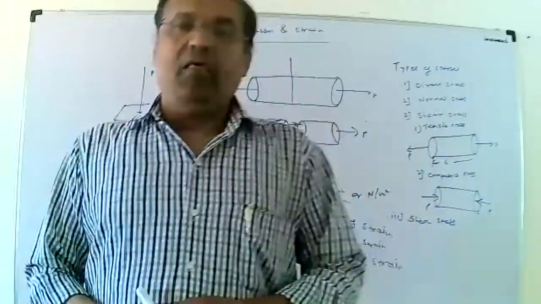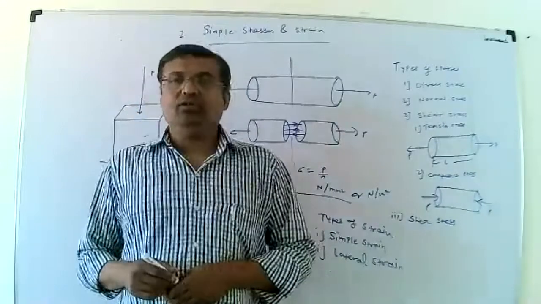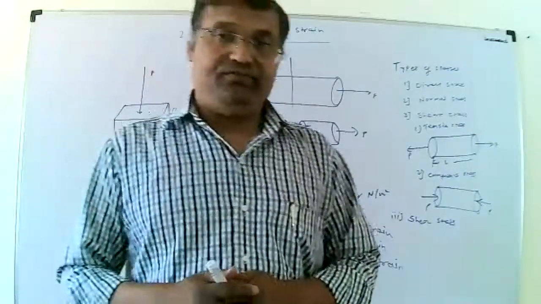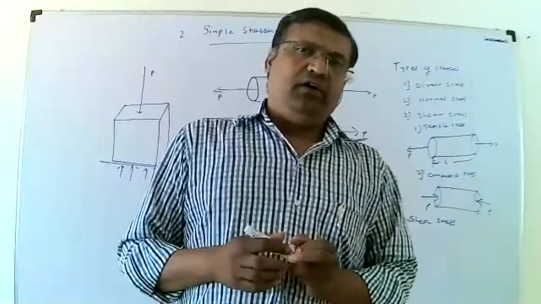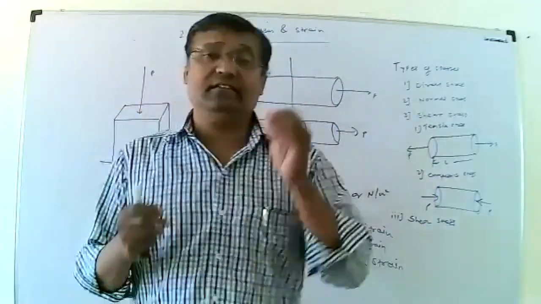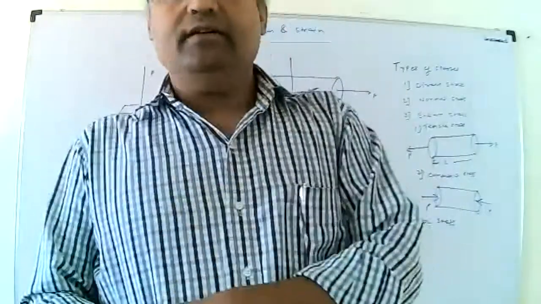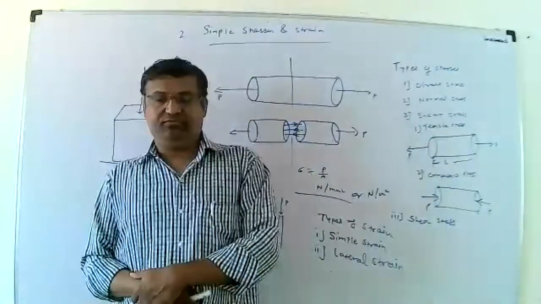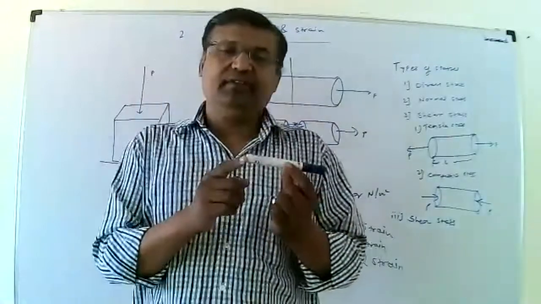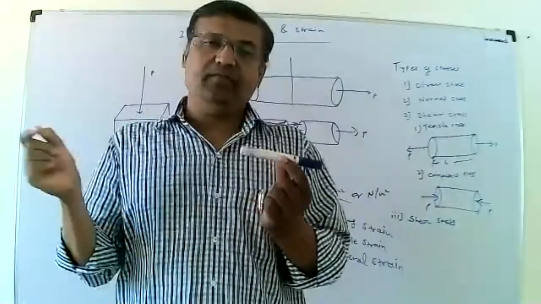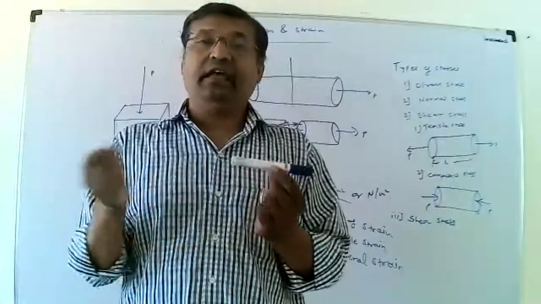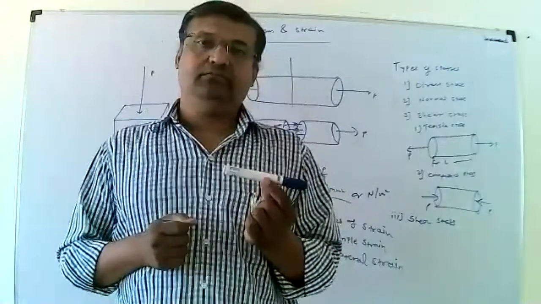Then second, what is lateral strain? The change in lateral dimension to the original lateral dimension is said to be lateral strain. For example, suppose a cube has three dimensions: length, breadth, and height. What will happen if an external tensile load acts in the direction of length?